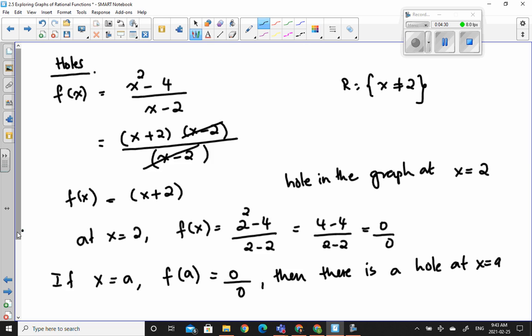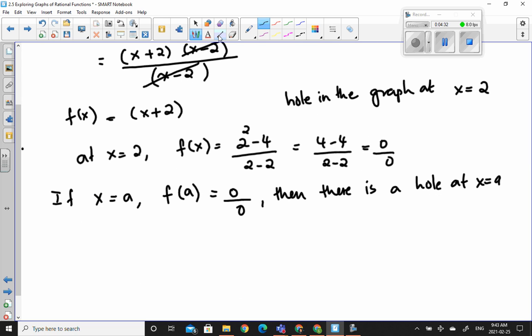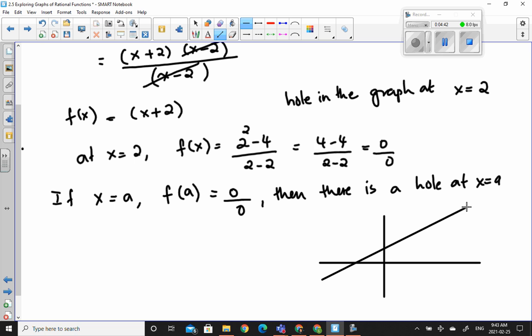So for this function, if I was doing a rough sketch, let's say this would be my xy axis, and then f of x equals x plus 2, which is a straight line with a slope of 1 and a y-intercept of 2.